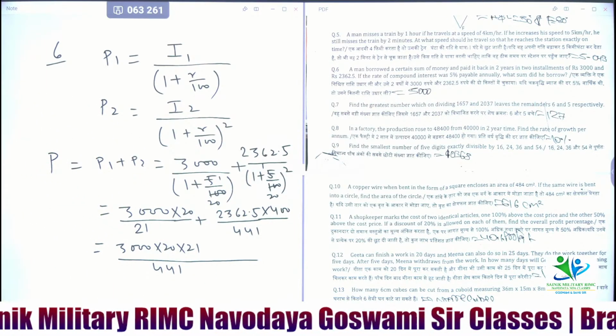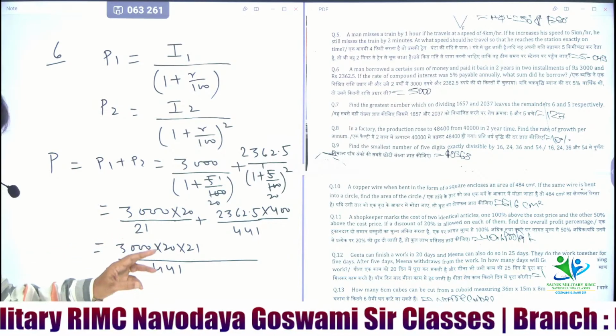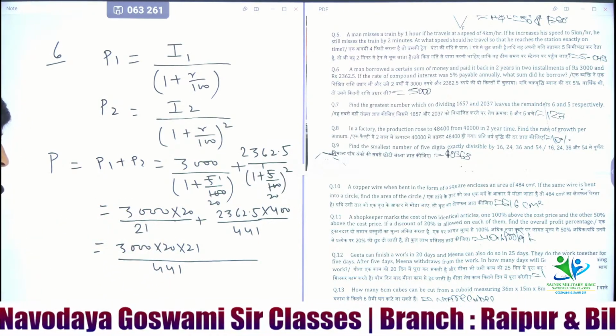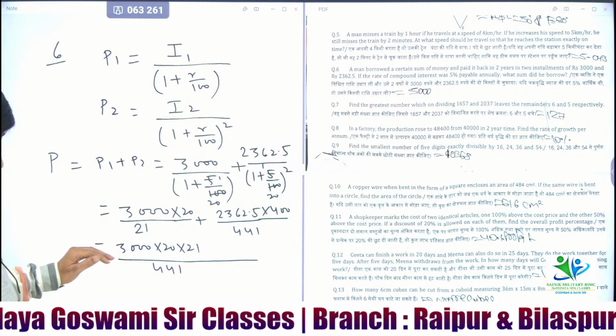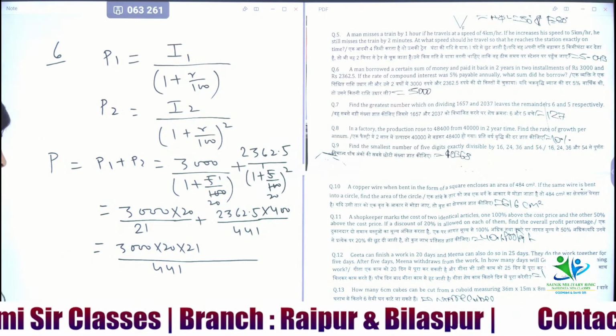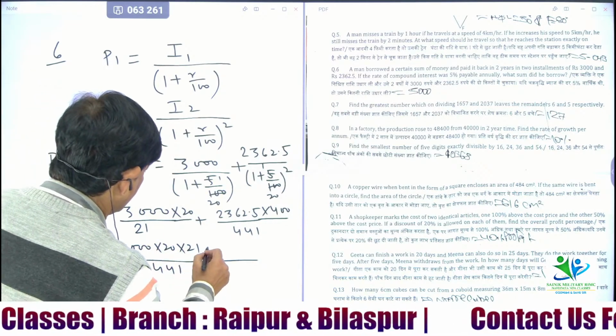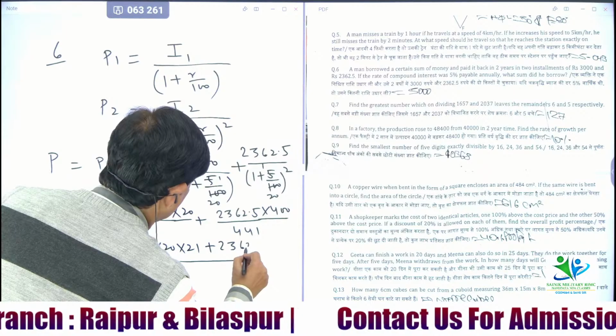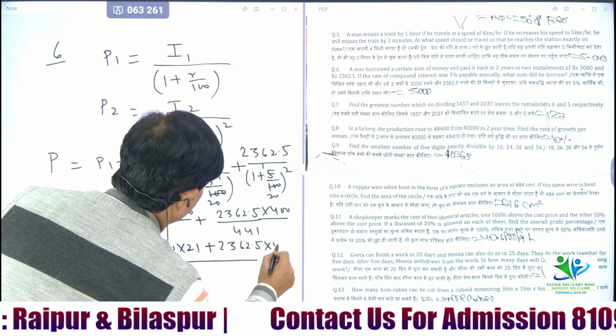Don't waste time in calculation during the middle of the question. कैलकुलेशन पार्ट को बिल्कुल लास्ट में जब आंसर निकालना है उस समय करेंगे. तो हियर इज दिस वन, and 441, you get here 2362.5 into 400.